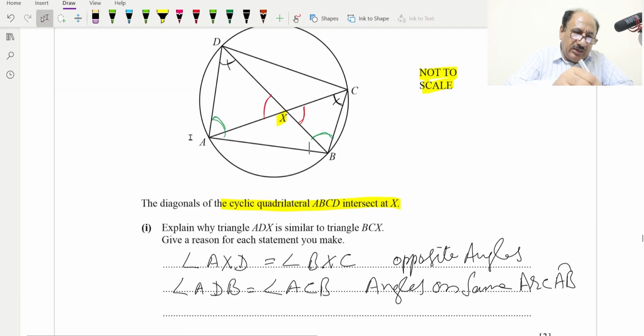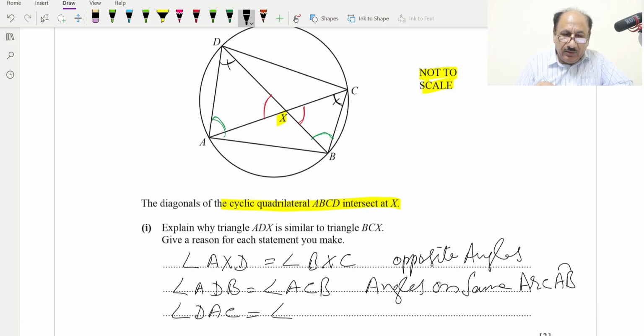So we will write angle DAC is equal to angle DBC, and we will say again angles on same arc, and arc is what? Arc is DC arc.